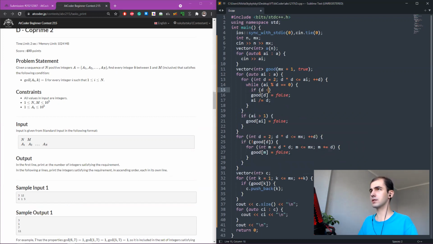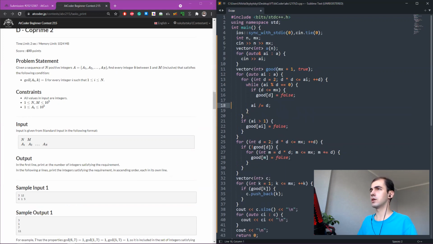If D is less than or equal to MX, that's very unfortunate, but that's entirely my fault. So where do we access good? Here the access is completely justified, but here it's not.